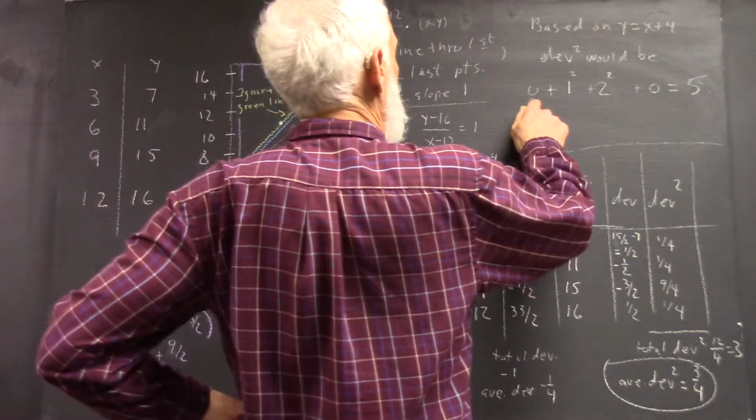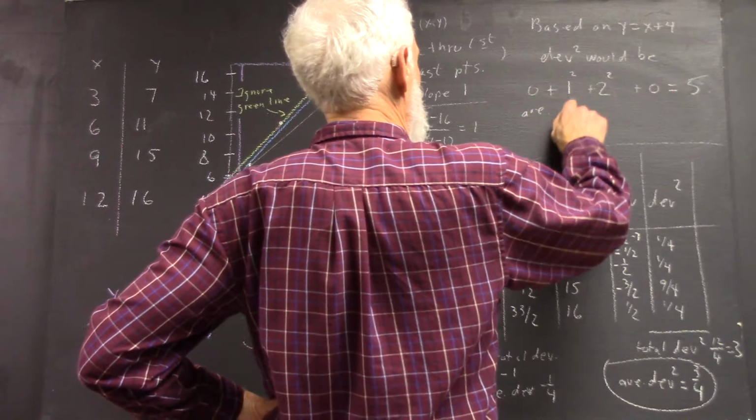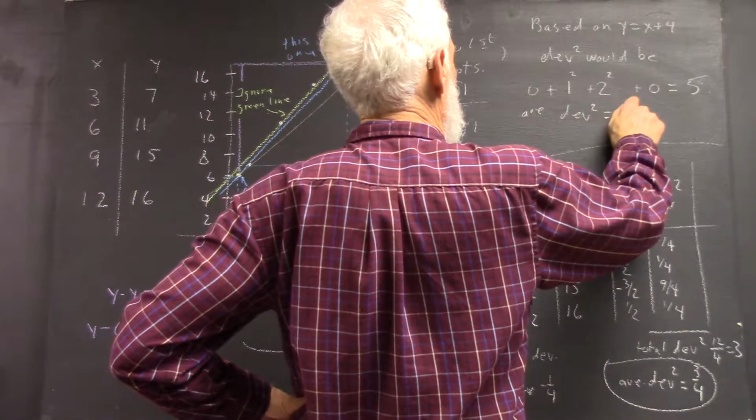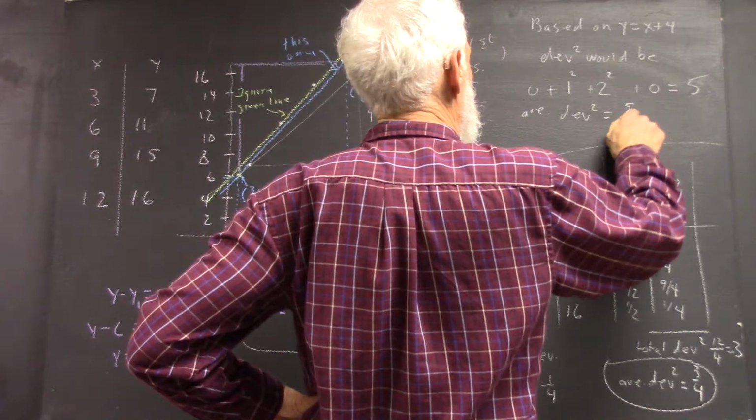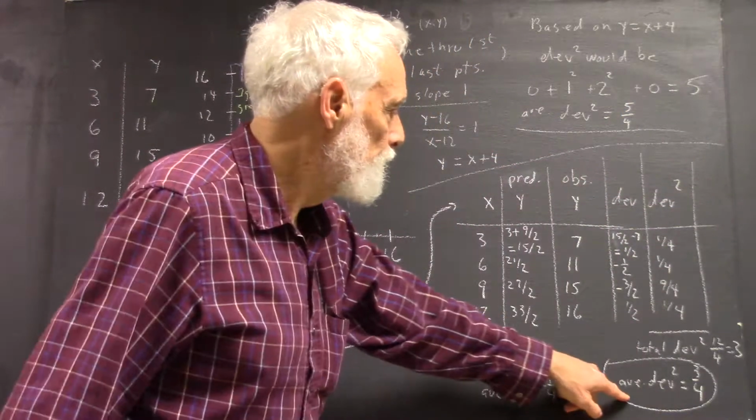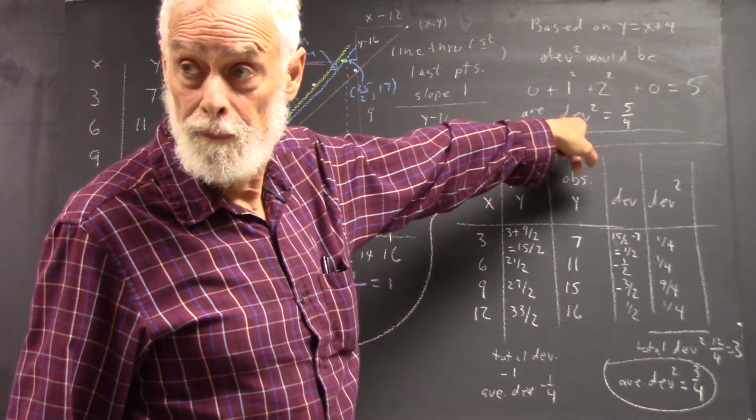Okay, so average square deviation is 5 fourths. So this is an improvement over this, right?